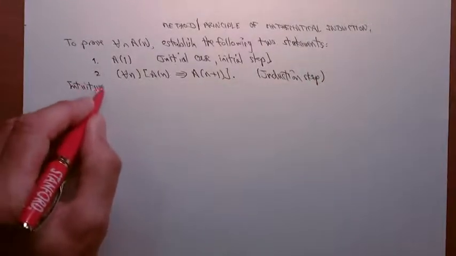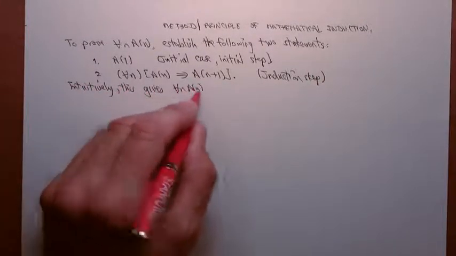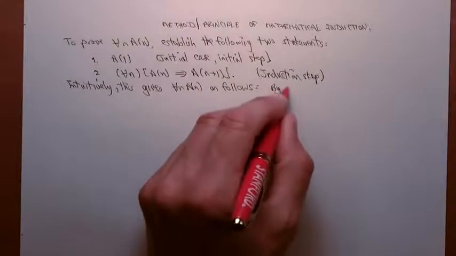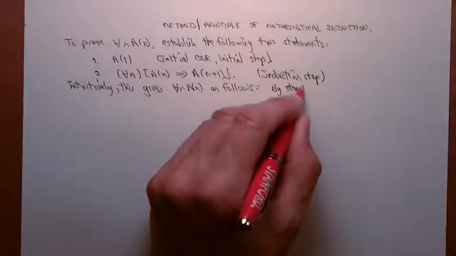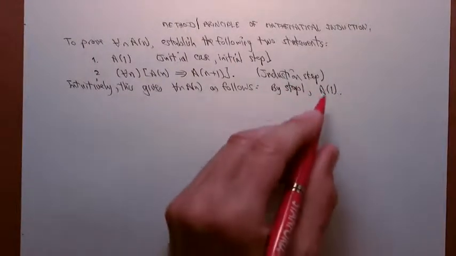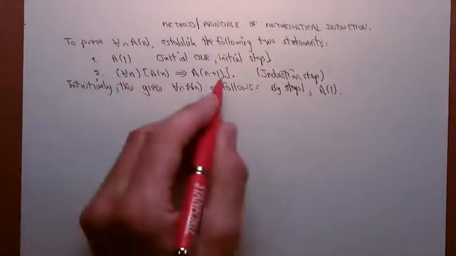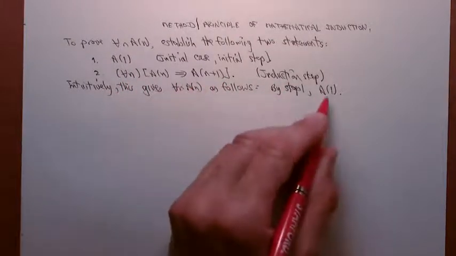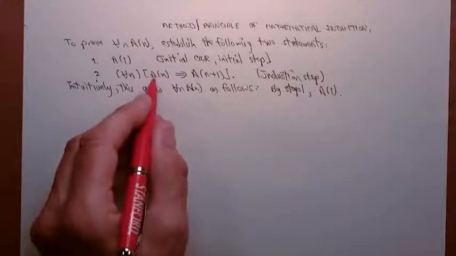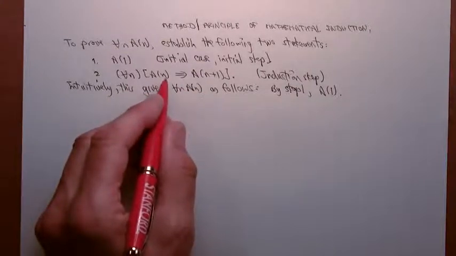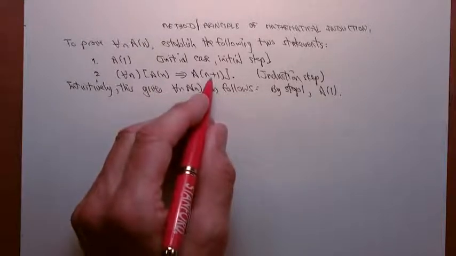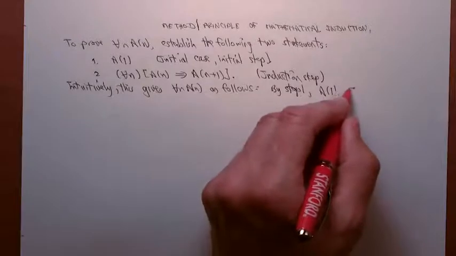Now, intuitively, this gives the statement for all n, A of n as follows. By the initial step, step 1, A of 1. If we now apply the induction step in the special case where n equals 1, we have A of 1 by the initial step, and that yields A of n plus 1, which is A of 2.